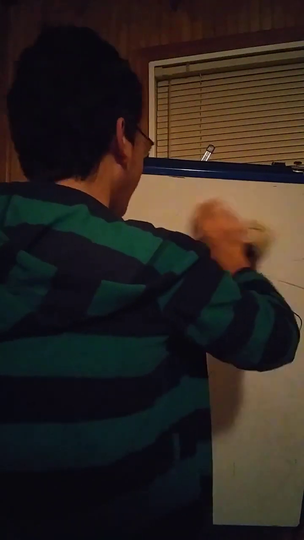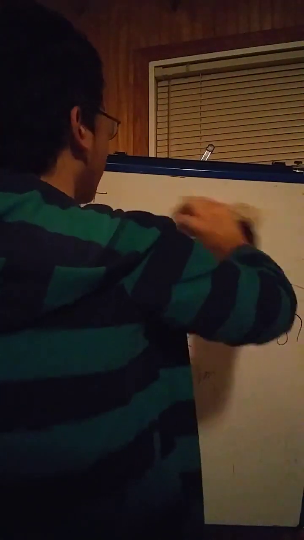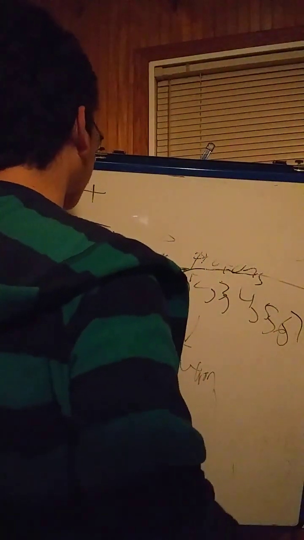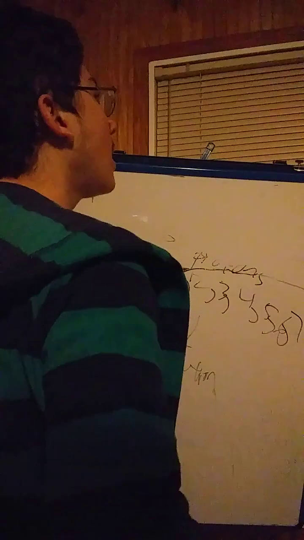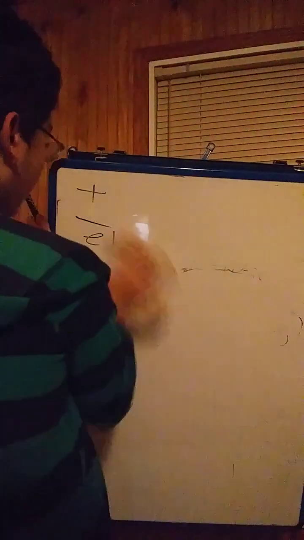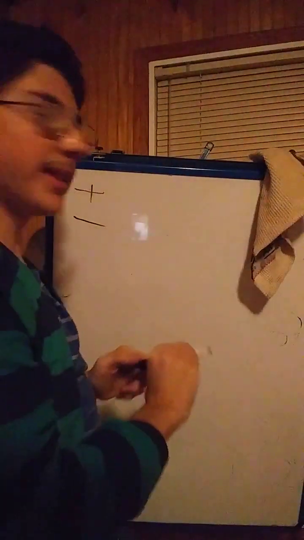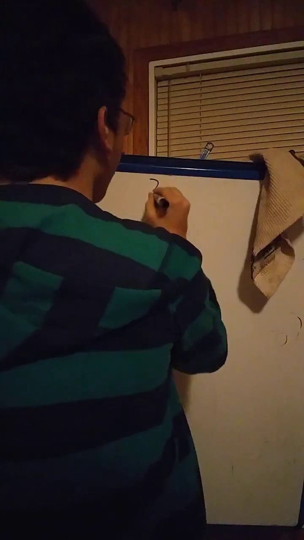Now that I've explained that, let's do it over again. Let's actually erase this number line here, because I really don't think that we need this here. So, taking two number values, let's say we have 3 and 6.